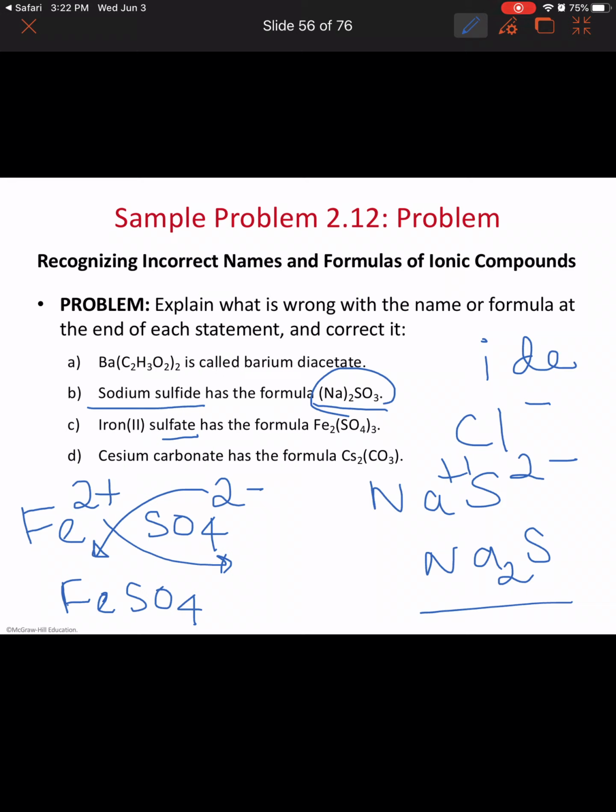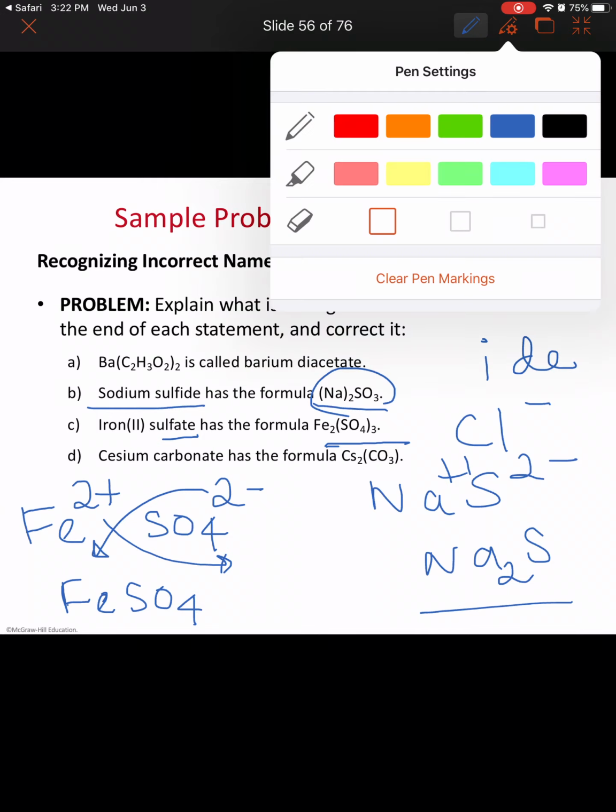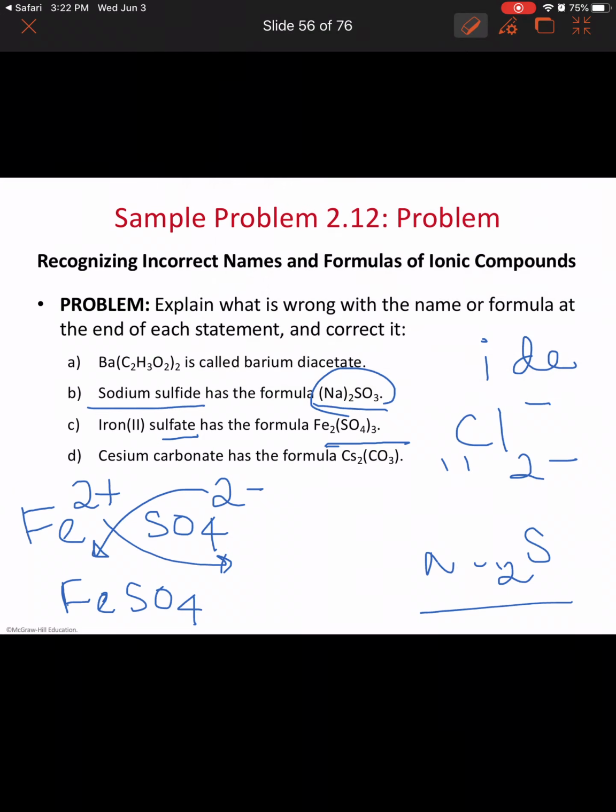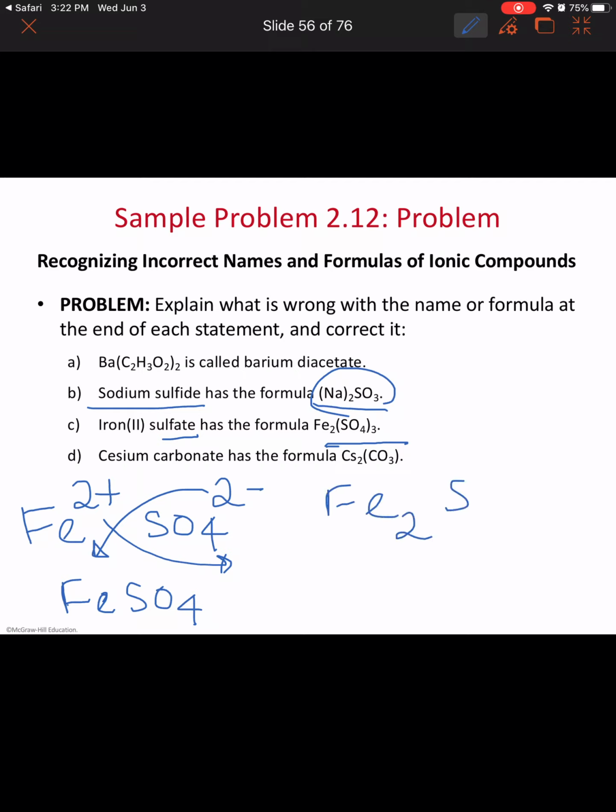What's written in this one here is iron 3 sulfate. Do you see that? That one is iron 3 sulfate. This one that is written here is iron 3 sulfate because it is Fe2(SO4)3.